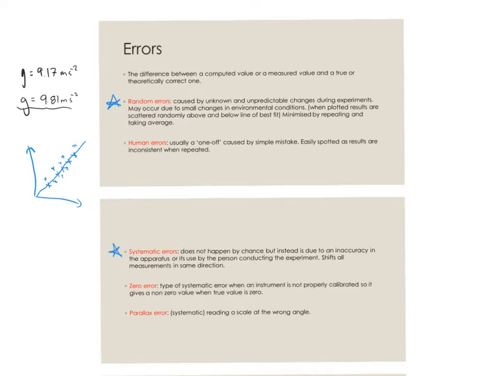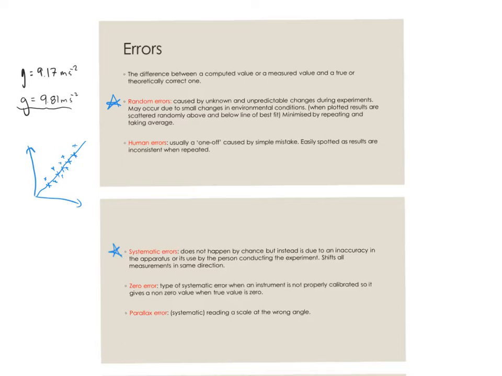That's why, to avoid the effect of random errors, we usually repeat 3 or 4 different measurements for the same measurement that we're making. When we repeat and take an average, it removes some of the effect of random errors.